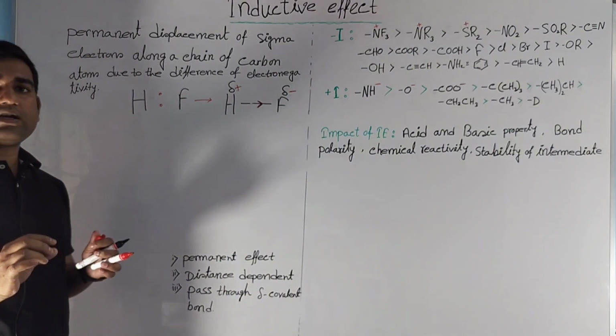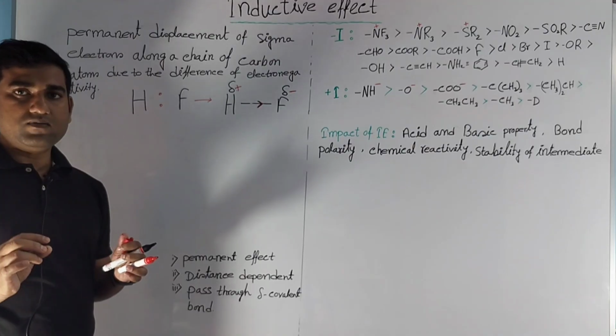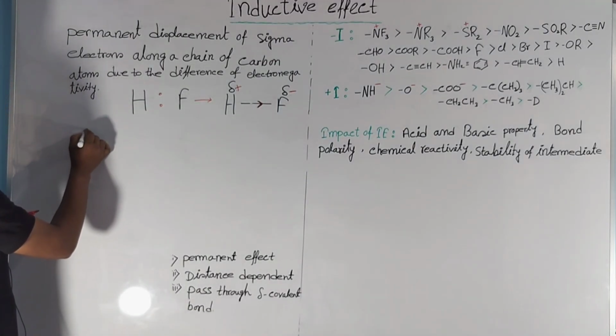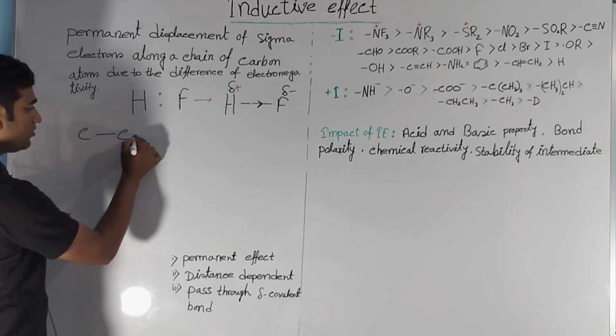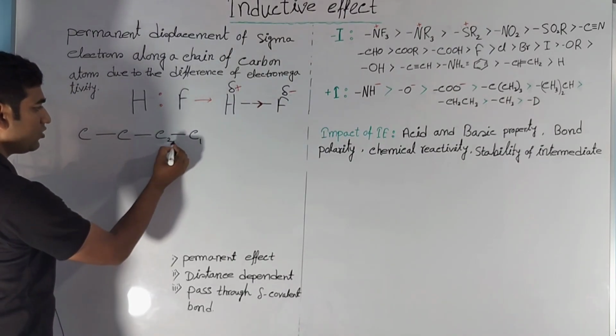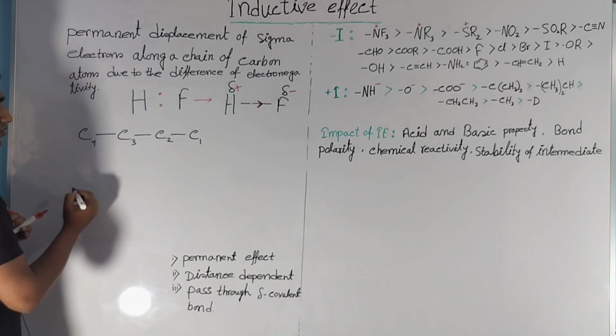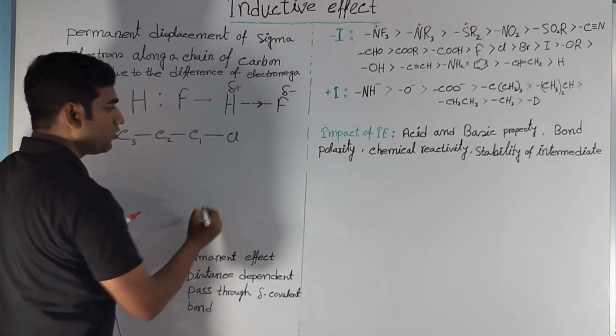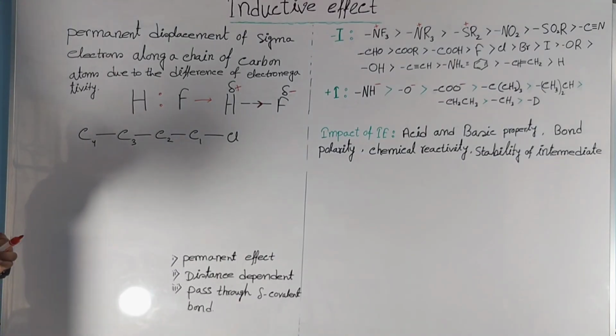Suppose an electronegative atom or group is attached to a carbon chain. Suppose I mention here a carbon chain: carbon 1, carbon 2, carbon 3, carbon 4. Attached is an electronegative atom, suppose chlorine. Chlorine is more electronegative than carbon.